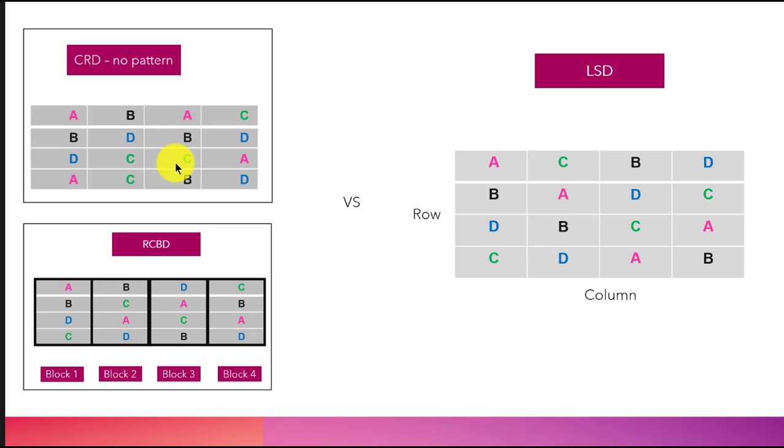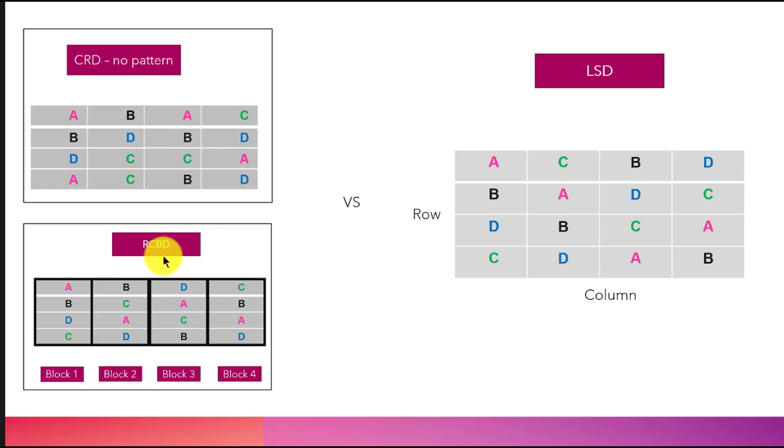The same goes for C and D. So CRD is completely random. Experimental units are randomly allocated to the plots, so there is no pattern, and you can't have any other factors apart from treatment, because that is completely random.